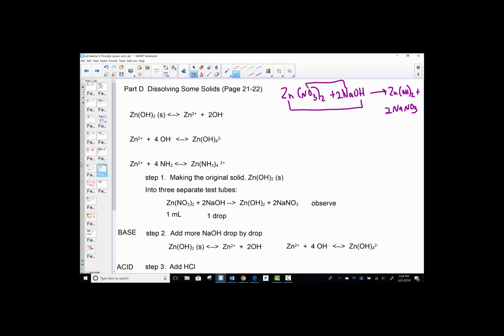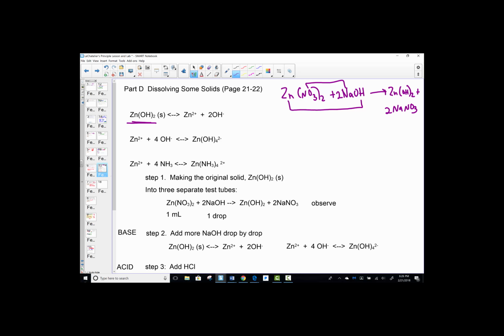So the first step of your procedure is to actually create the solid that we're studying. Very similar to part B, where we had to create lead chloride, because if you dissolve lead chloride in water, it just sits there and doesn't dissolve. Same thing for zinc hydroxide. It's generally insoluble, so you have to create it and get some of it in solution.